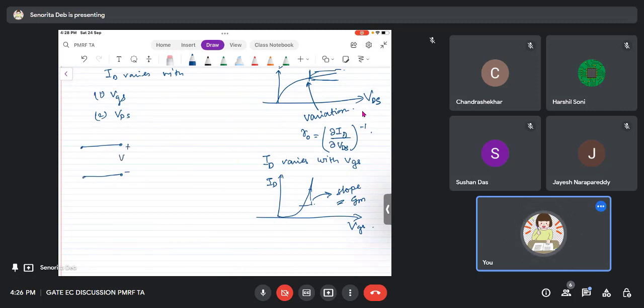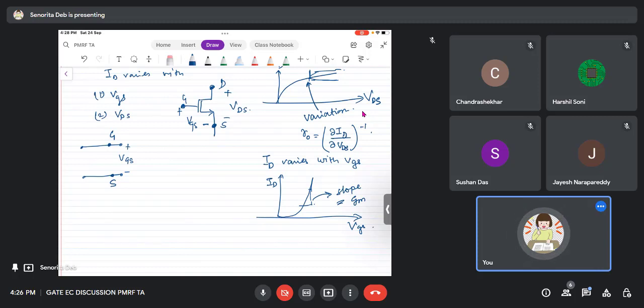So this is the input terminal of the MOSFET, which is having VGS. If this is the MOSFET, I am doing it for NMOS. So this is the input: gate, source, drain. This is VGS, this is VDS, right? This is the gate, this is the source.